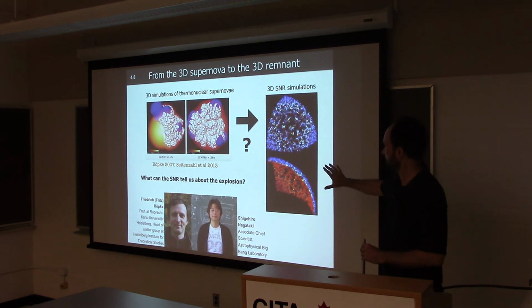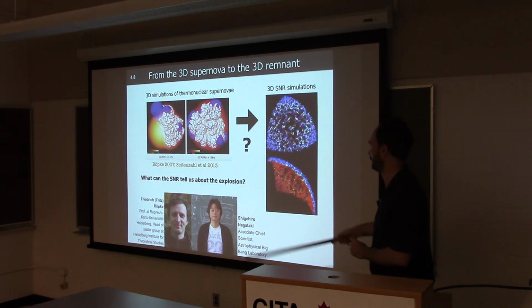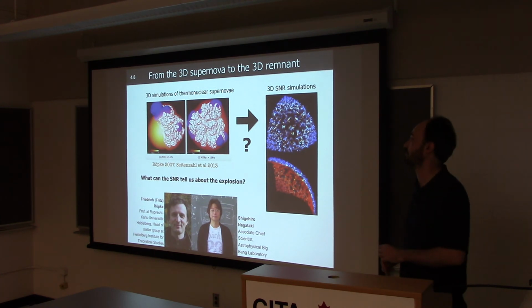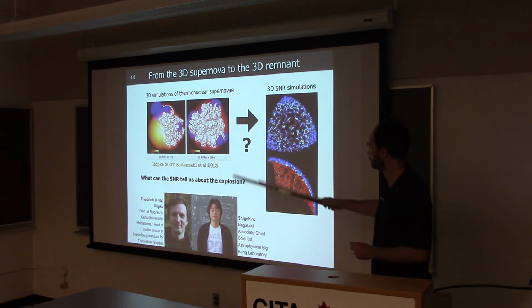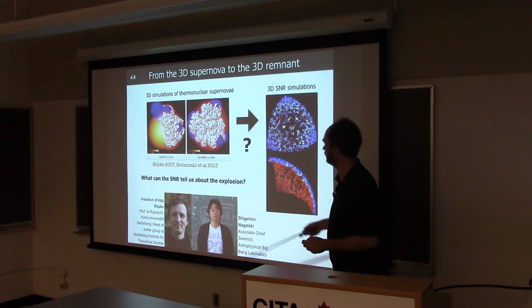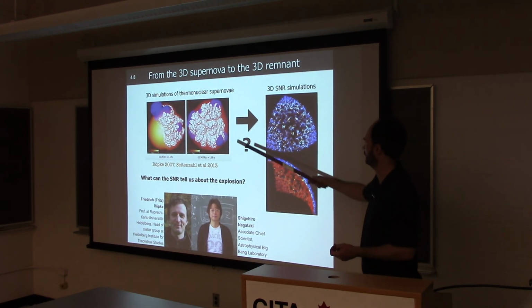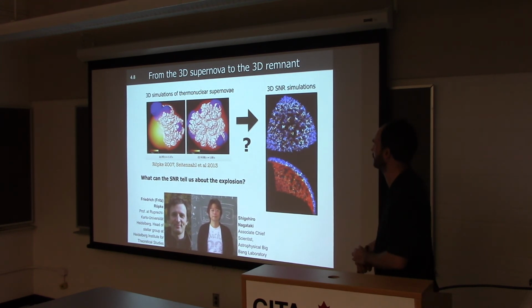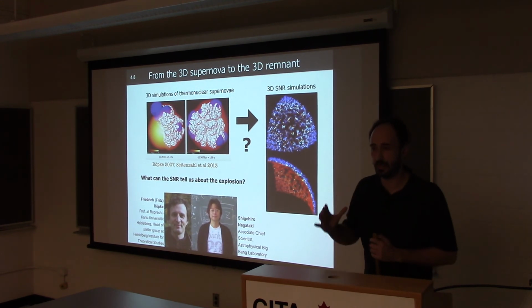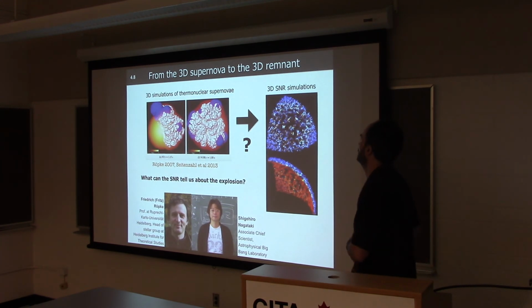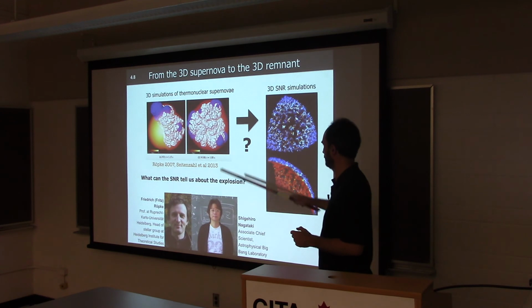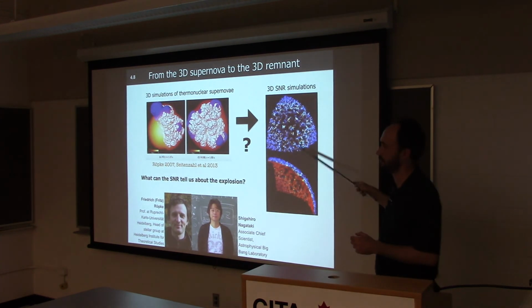And we are collaborating now with Fritz Röpke, who's been doing simulations of thermonuclear supernovae. These are examples of simulations in 3D. And this is what I did, and this fluffiness is purely caused by the evolution of the blast wave, starting from purely uniform initial conditions. So the question is, when we start with this, what do we get after?